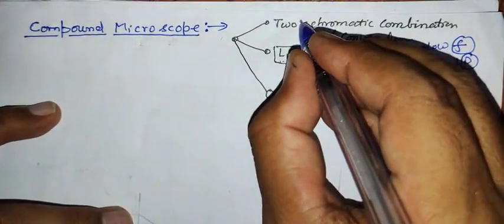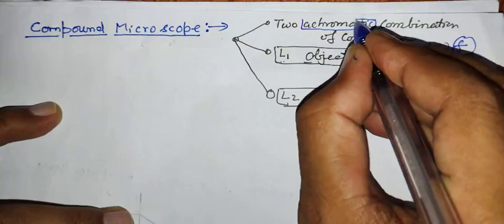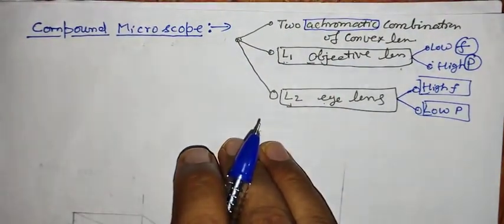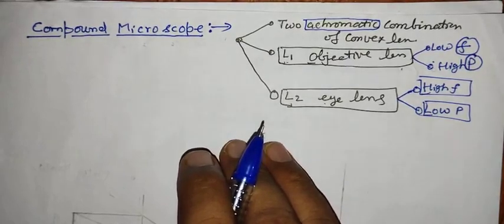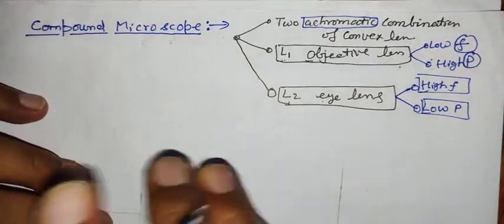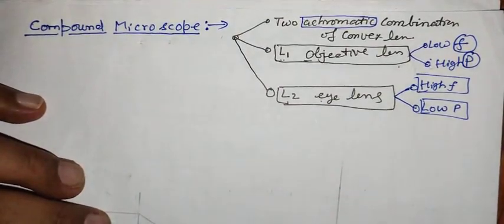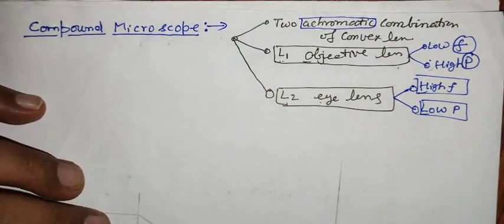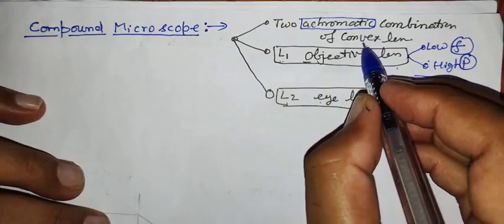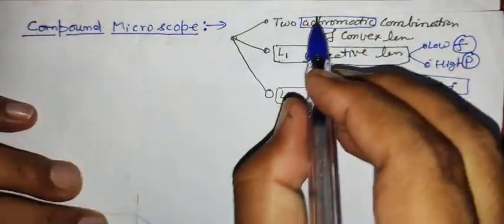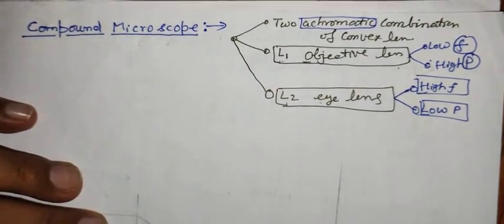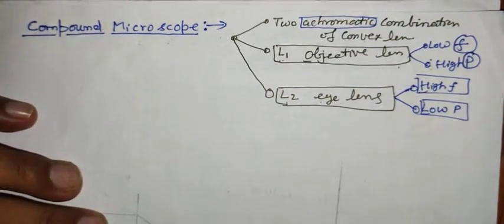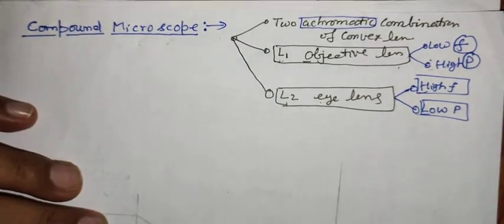See the achromatic combination of lenses. Achromatic means no chromatic aberration formed by the lenses. An achromatic combination is a set of concave lens and convex lens, but the final combined lens behaves as a convex lens in which the image is formed at one point, not blurred, not colored.